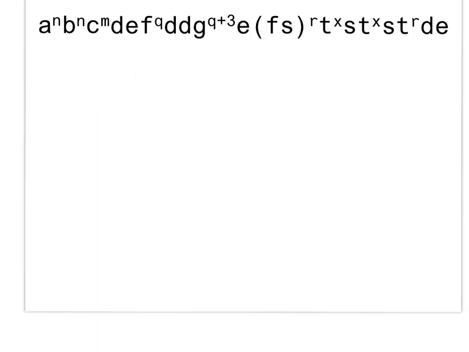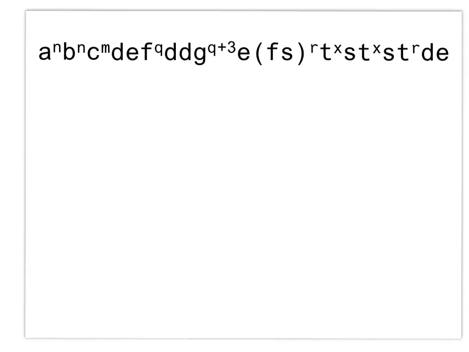So here you go. I've written this a little bit smaller so that I can edit it more easily. As I've said, what you really need to do is to think about which of these pieces are stuck together. Which of these pieces do you need to think of together? For example, the first two symbols here, the A to the N and B to the N, have to work with each other.